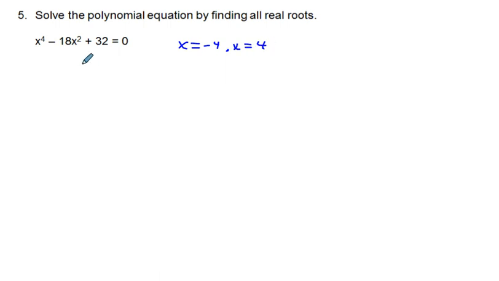So if we want to, we can just go ahead and figure this out. If we plug in our 0 of 4, we're going to have 1, 0, -18, 0, 32.